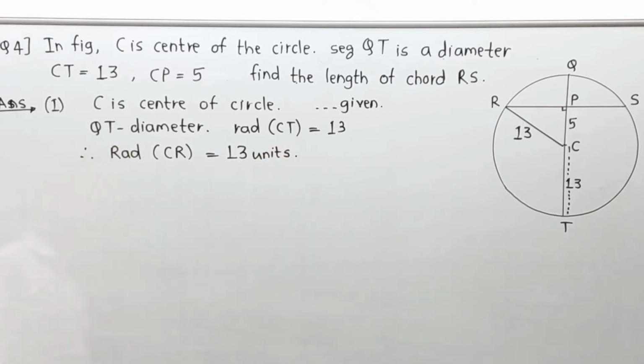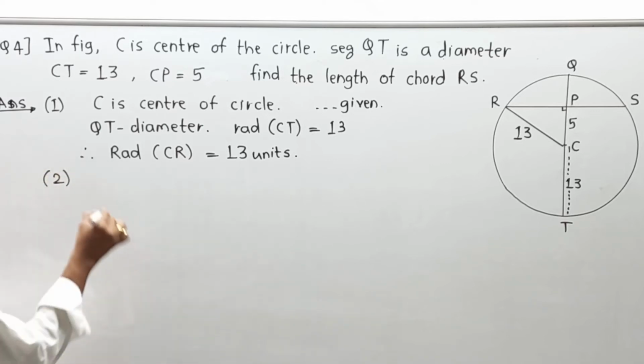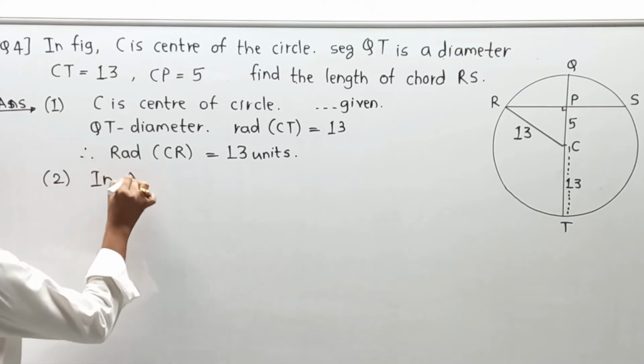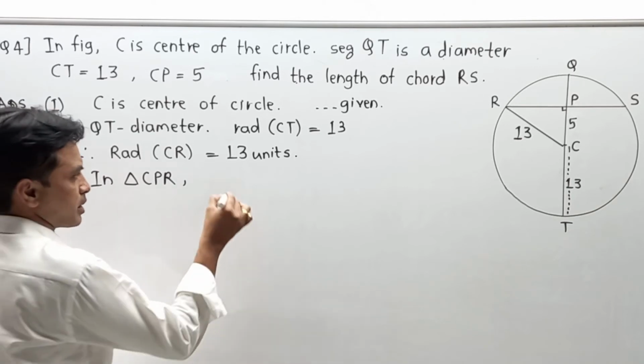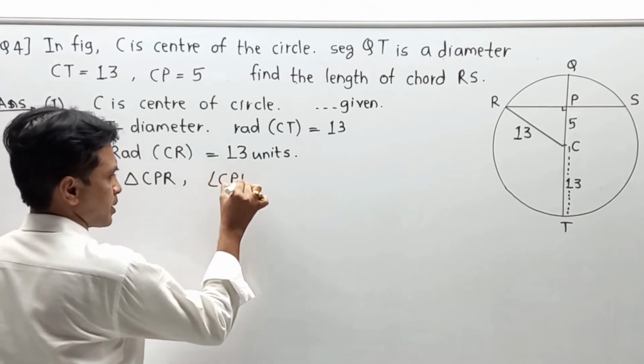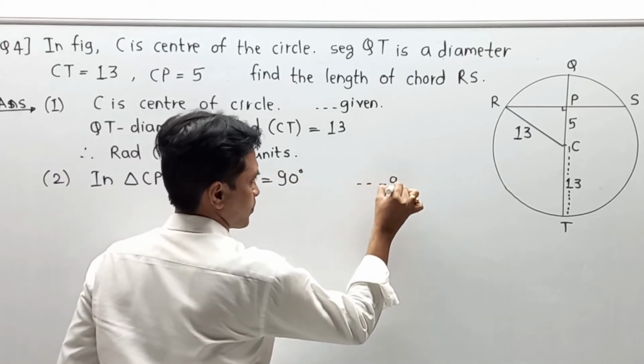They have also given CP as 5. So I am going to mention it in the second part. In triangle CPR, angle CPR is equal to 90 degrees. Given.